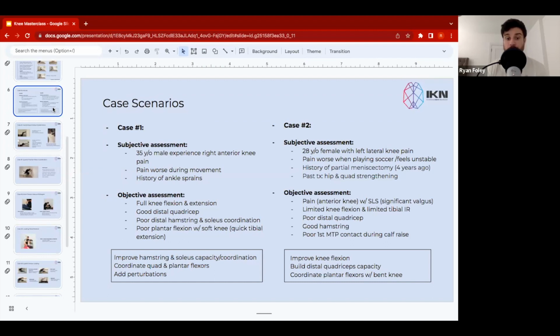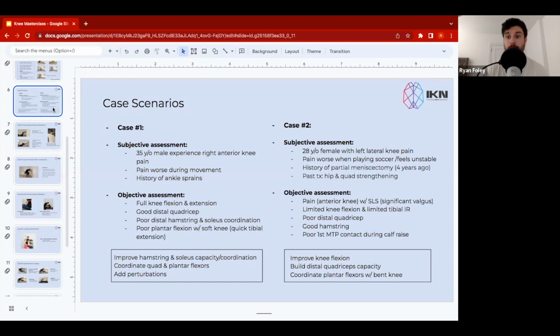The client also demonstrated poor distal hamstring and soleus low capacity or coordination. So the distal hamstring and the soleus weren't able to manage forces very well, and even up into the proximal gastroc too. If we cast our minds back to the uncontrolled tibial extension video, we considered some muscles that may contribute to that quick tibial extension.